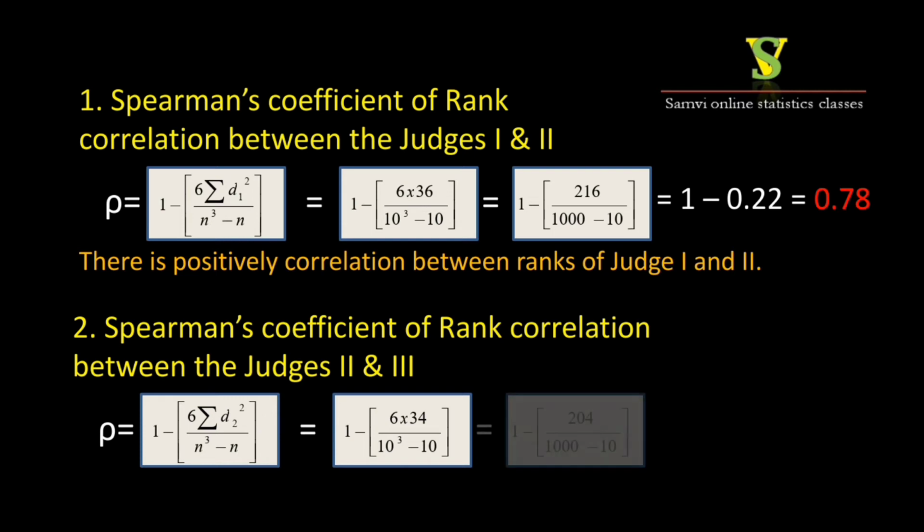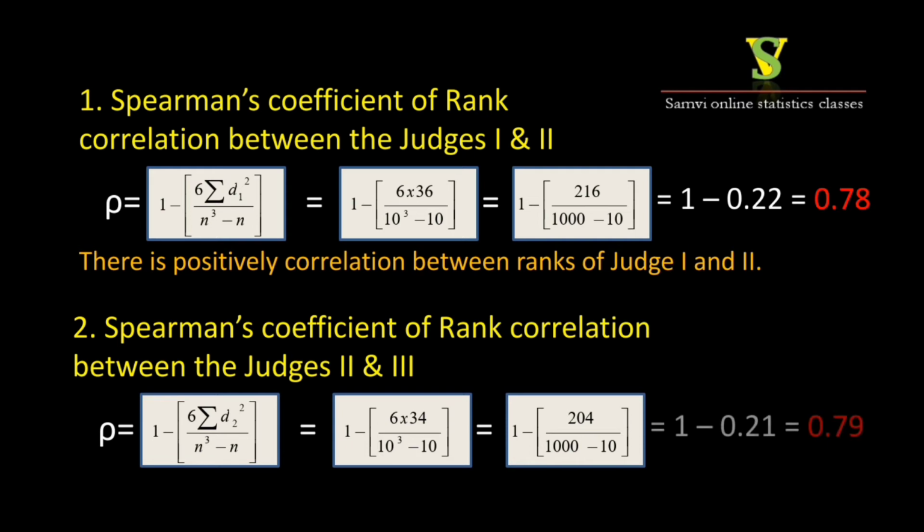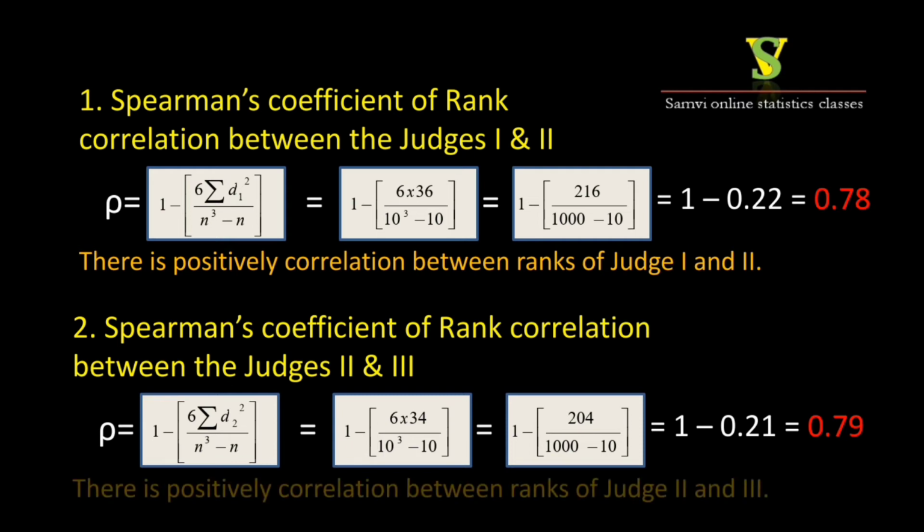Further simplify, we'll get here 1 minus 204 divided by 1000 minus 10. Simplify this, you'll get here 1 minus 0.21. If you subtract and simplify this one, we'll get here 0.79. So our conclusion is there is positive correlation between the ranks of judge 2 and judge 3.